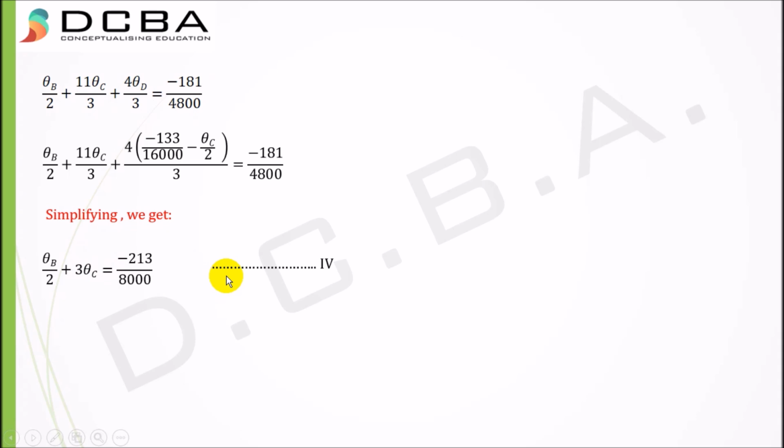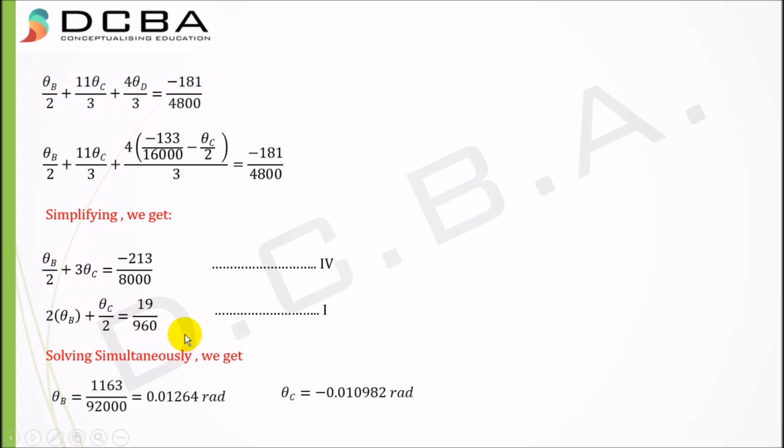Again writing equation number 1, that is 2 theta b plus theta c by 2 equal to 19 by 960. This is equation number 1. We have these two equations and only two variables, so we can solve them simultaneously, right? Solving simultaneously, we get theta b as 1163 by 92,000 equal to 0.01264 radians, and theta c equal to minus 0.010982 radian.